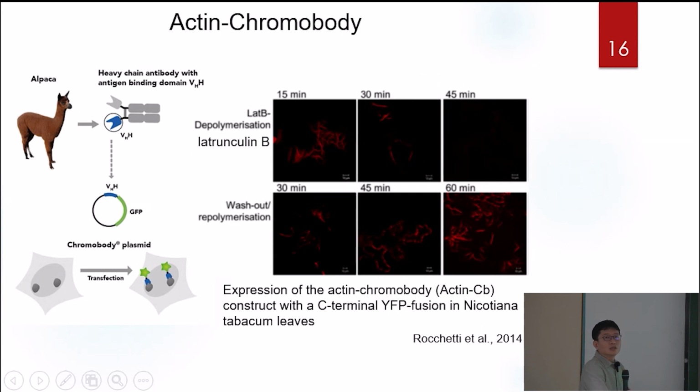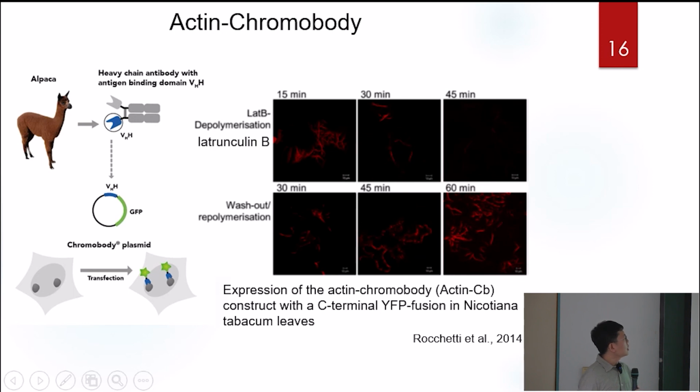Okay, so the final one is chromobody. This one was developed in these 10 to 15 years. So what is a chromobody or nanobody? The conventional antibody, you may know, has a light chain and a heavy chain. But in alpaca or llama, they have another kind of antibody which only has a heavy chain.